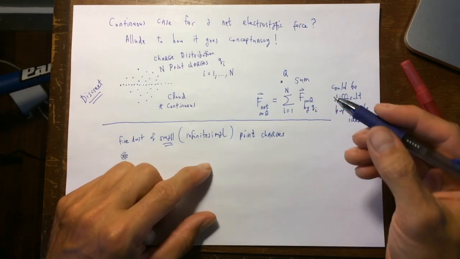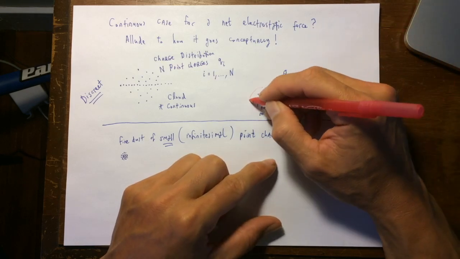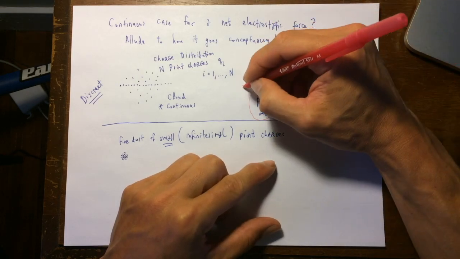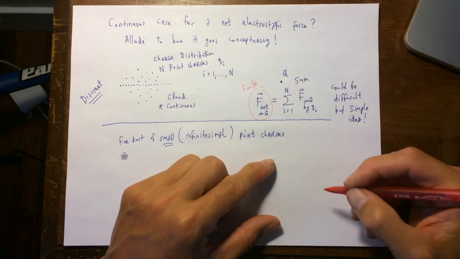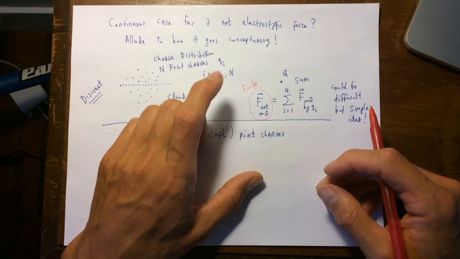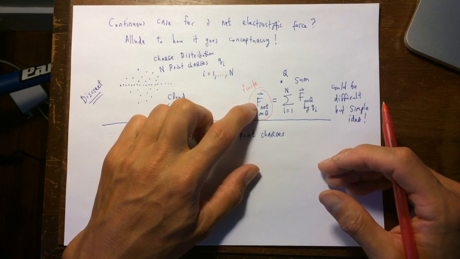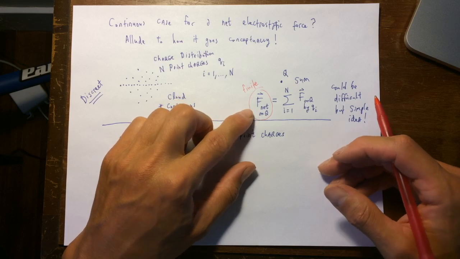And what's interesting here is I'm going to add up something that's going to be finite. It's going to be some number of newtons that's not infinite, and it's going to be most likely, in general, some number of newtons that's not strictly zero either.